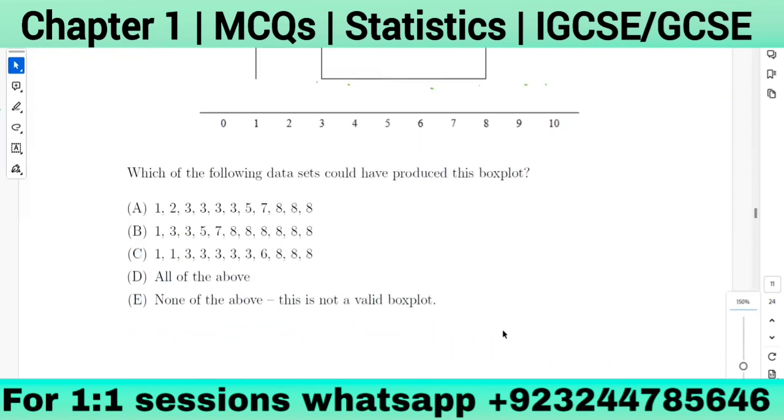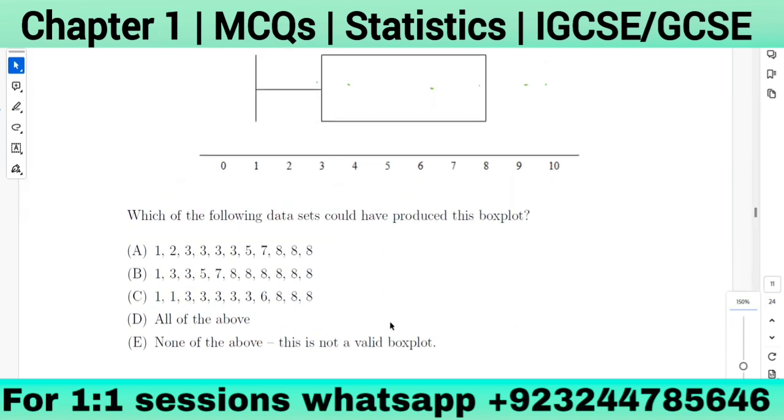For part A, it's 1, 2, 3. So this is the minimum, this is the maximum. And what is the median? For all of them, A, B, C, find the median, minimum, Q1, Q3.